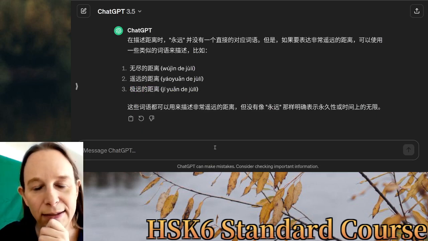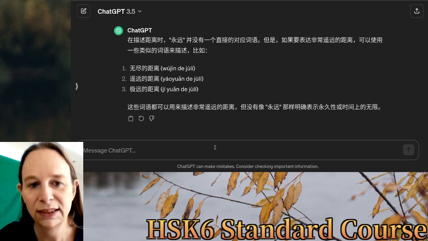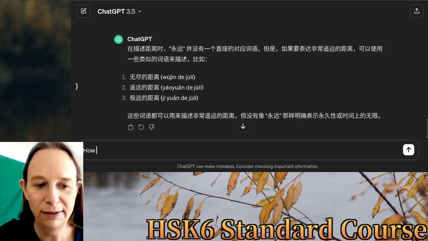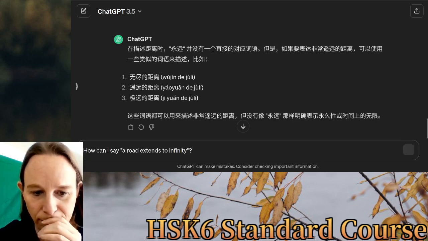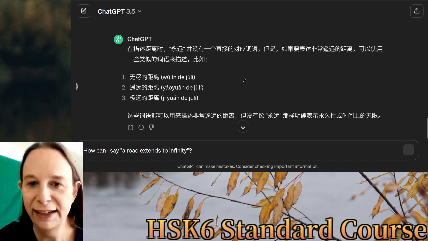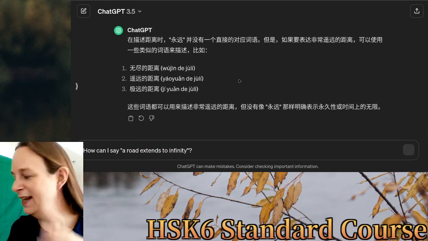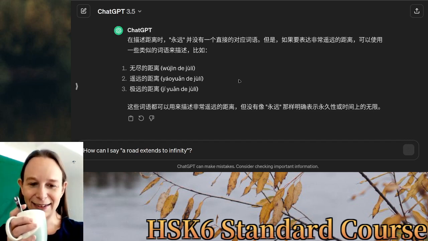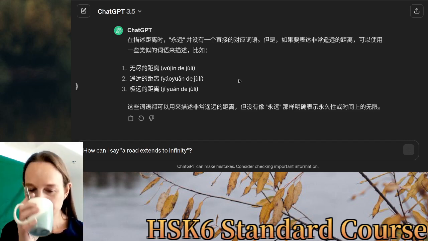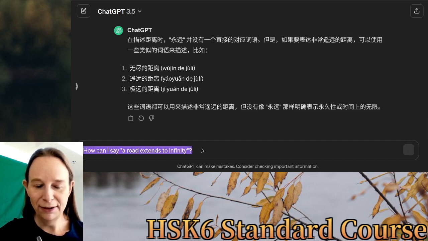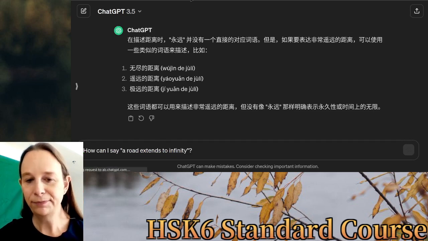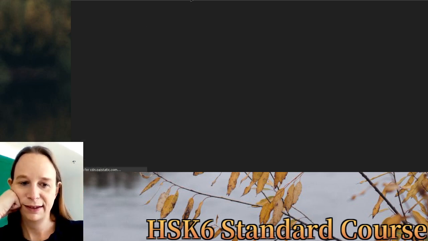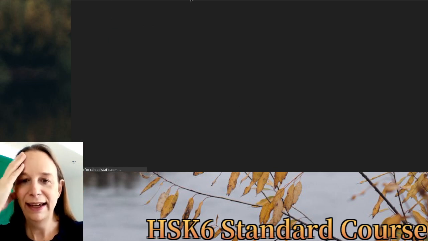Would 无边的 work? So how can I say a road extends to infinity in Chinese? How would you say that?